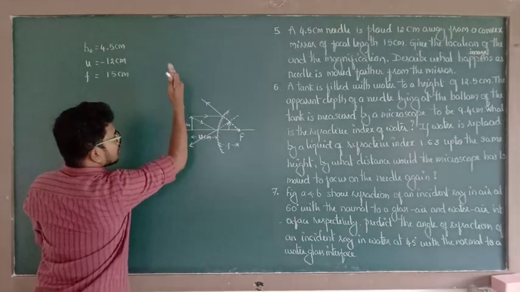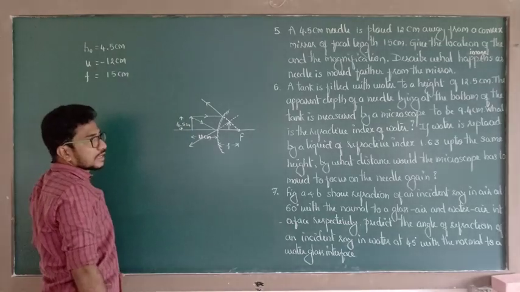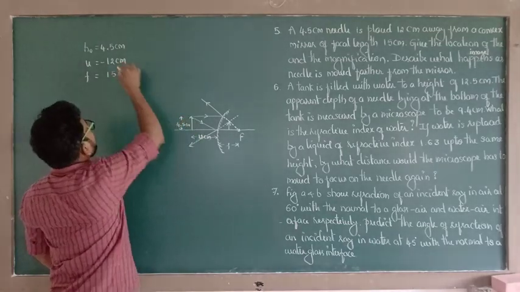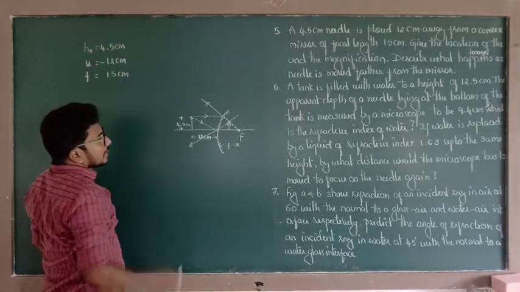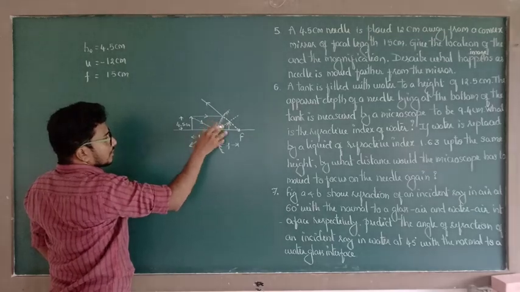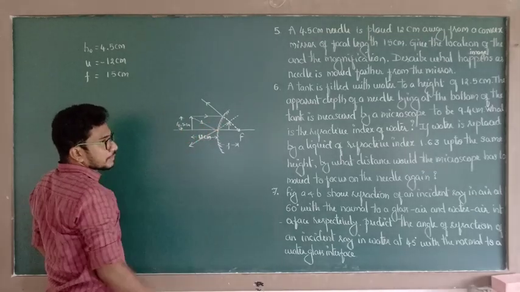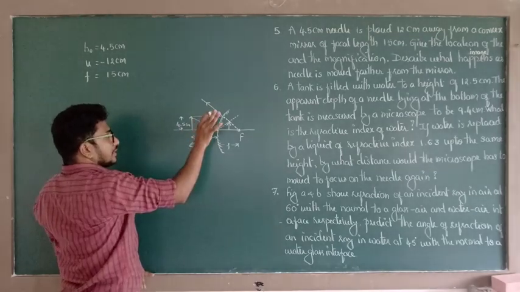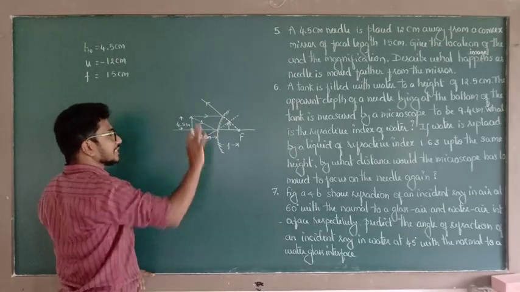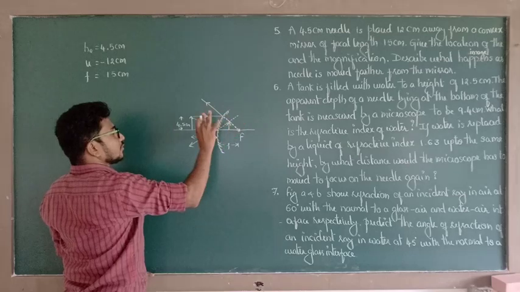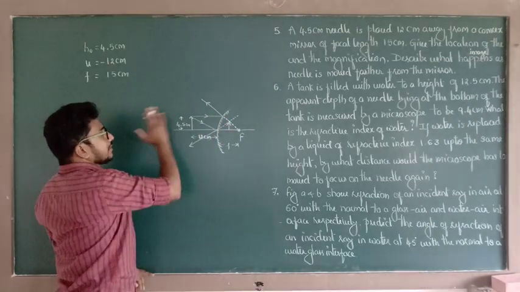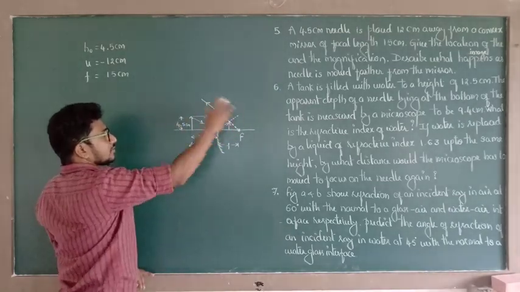Upward distances measured perpendicular to the principal axis are taken as positive, and hence the object height is positive. Focal length: this spherical mirror has a virtual principal focus. The focal length is measured from the pole to the principal focus, left to right, and the direction of incident light is also left to right.